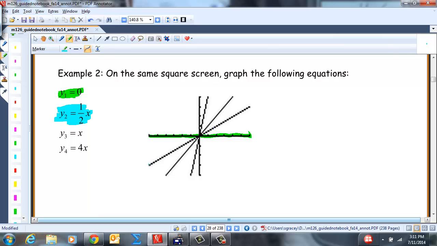So basically, for this line, for every 1 unit of increase, there are 2 units of run. So every 1 unit up means that you have 2 units to the right, and every 1 unit down means you have 2 units to the left, because -1 over -2 is equivalent to +1 over +2.